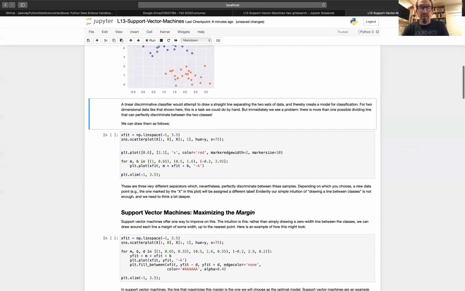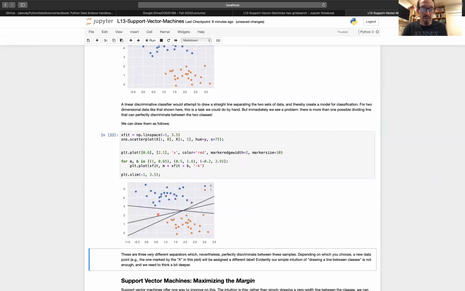But as always, there's more than one possible line that can do that. So for instance, here are three different lines that can take a separation and definitely label orange class from blue class with 100% accuracy in this training set. However, that's the training set.